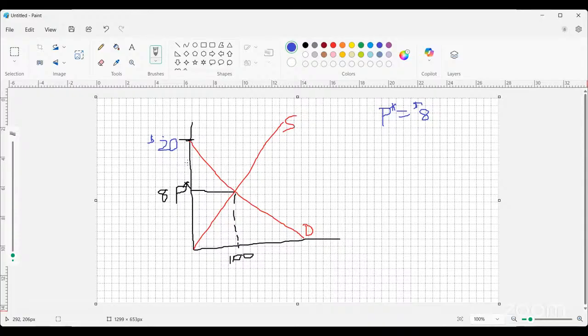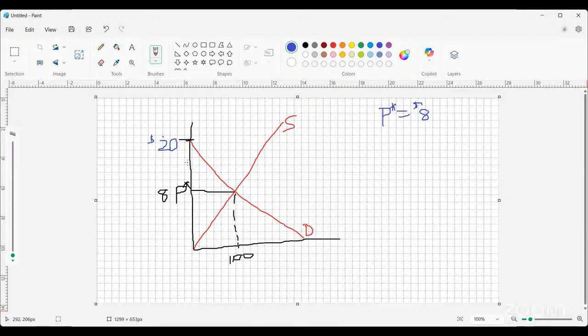On the other side of the story, someone can't afford or is not willing to pay 8. That part of the society may go for another product or other thing, and they can demand that instead.